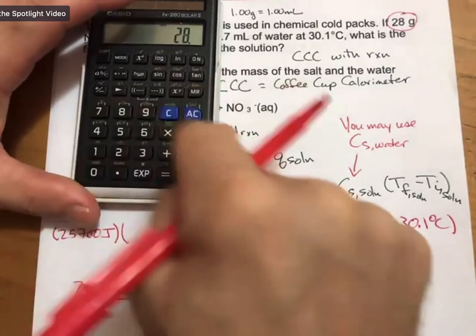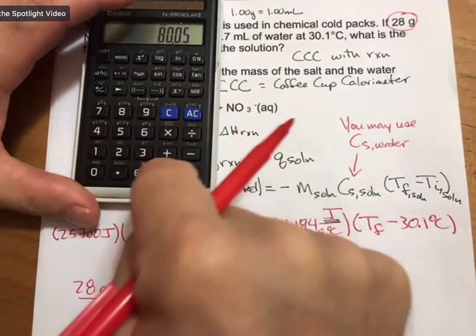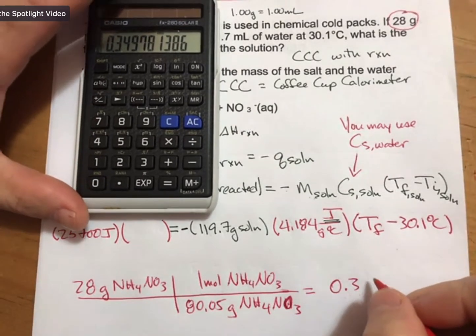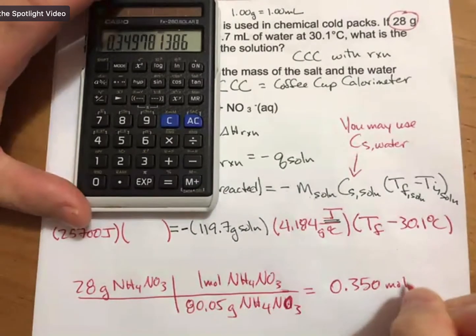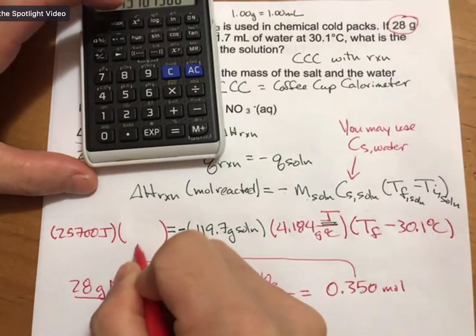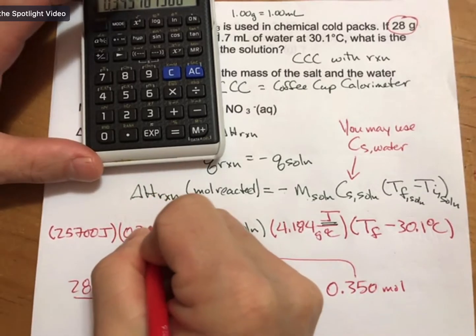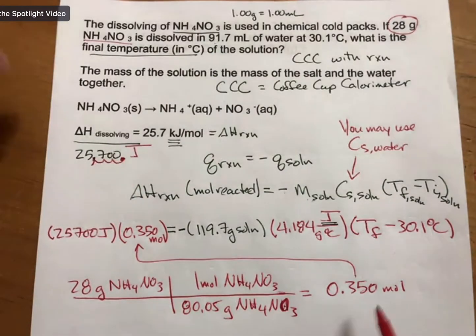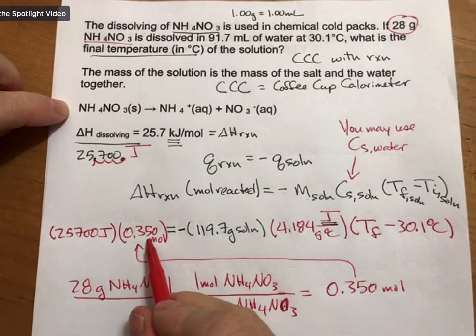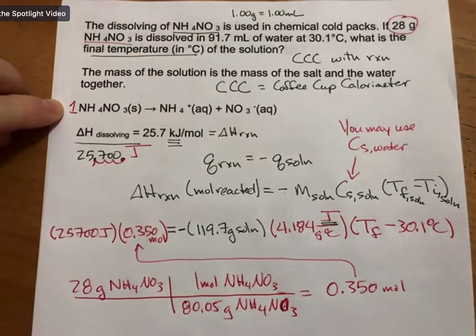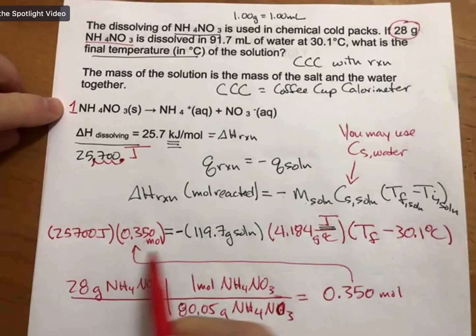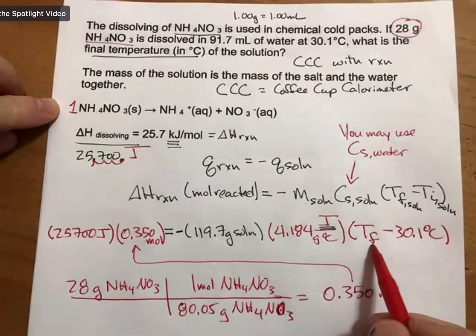And so 28 divided by 80.05 is 0.34978. I'm going to round it to 0.350 moles. And I can plug this directly in because it has a 1 coefficient. And the only thing that's left is to solve for T final.